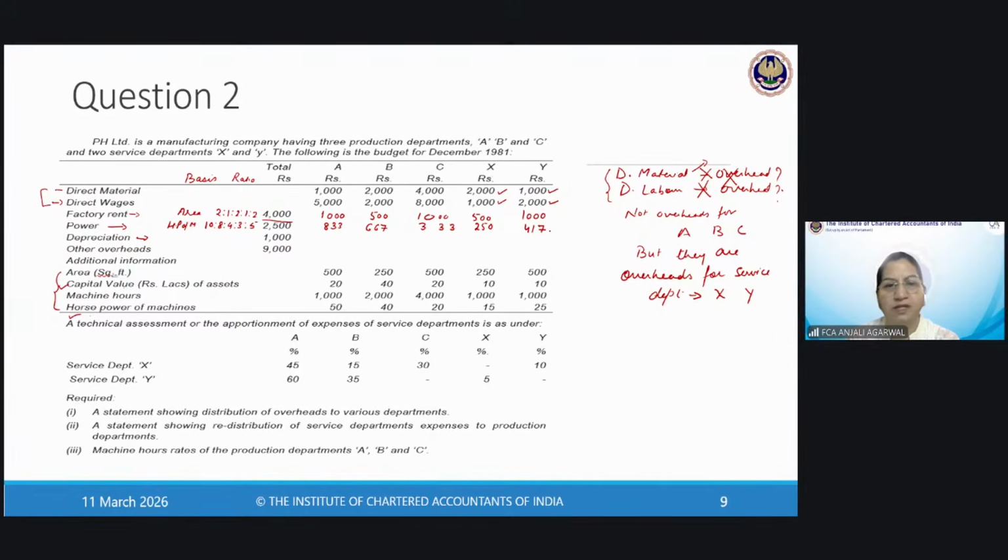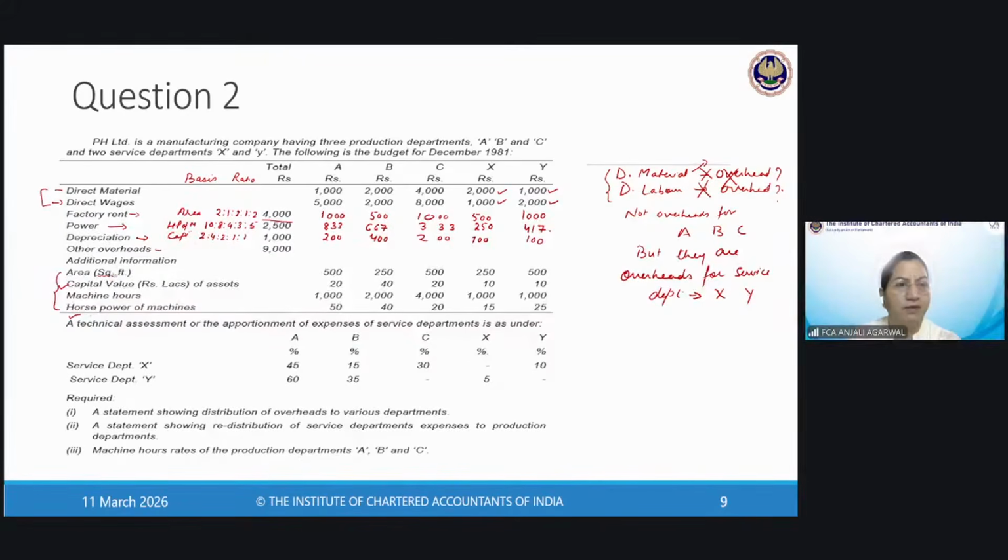So it's best to take it in the ratio of 20, 40, 20, 10, 10. So the basis is capital value, and the ratio is 2 is to 4 is to 2 is to 1 is to 1. Okay. So 200, 400, 200, 100, and 100.